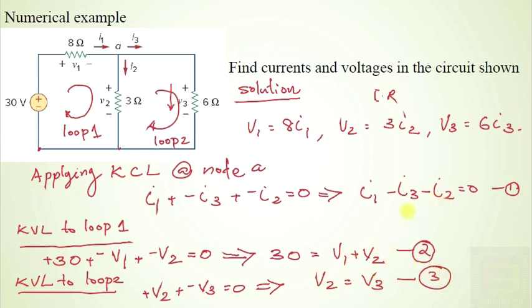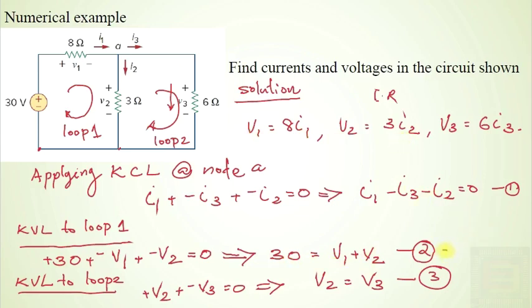Now you have three equations. Either you can substitute, because you have V1, V2 and V3 in terms of I1, I2 and I3, or you can solve for I1, I2 and I3, and then from these get V1, V2 and V3. So this is the first equation in terms of I1, I2 and I3, and in this case you have another equation, 30 is equal to V1 plus V2, but you can substitute V1 and V2 from here.